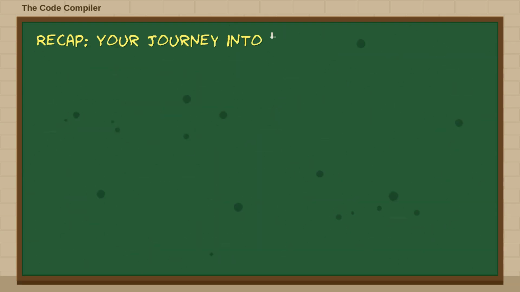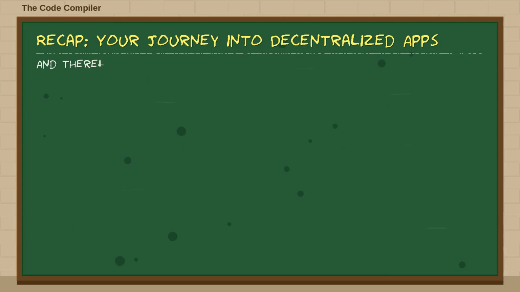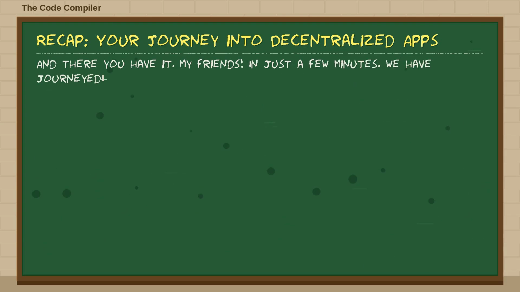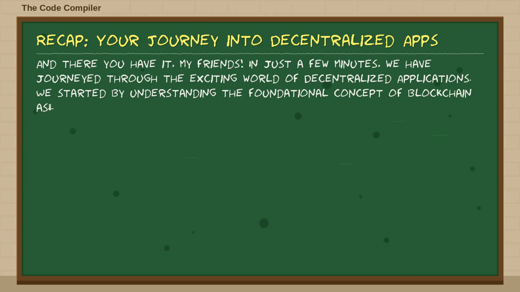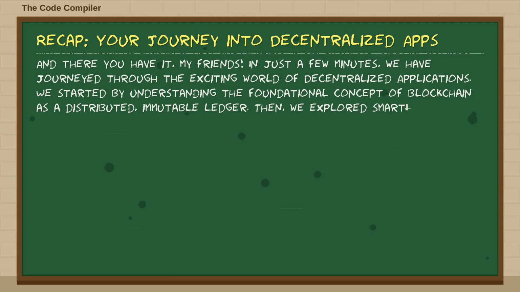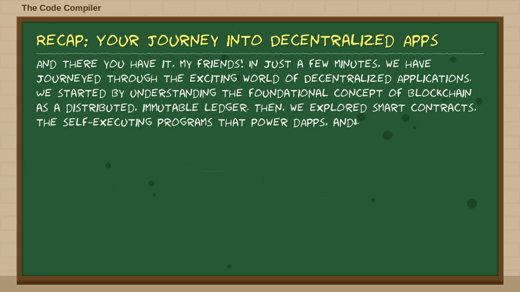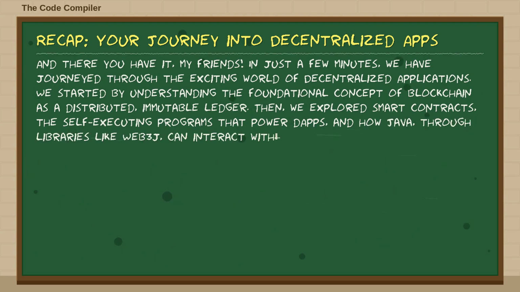And there you have it, my friends. In just a few minutes, we have journeyed through the exciting world of decentralized applications. We started by understanding the foundational concept of blockchain as a distributed, immutable ledger. Then, we explored smart contracts, the self-executing programs that power dApps, and how Java, through libraries like Web3j, can interact with them.